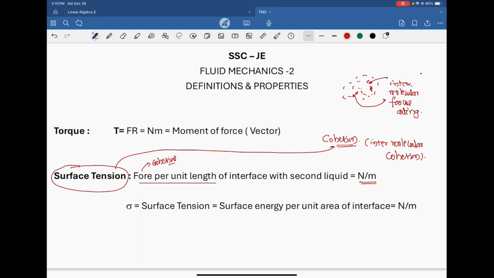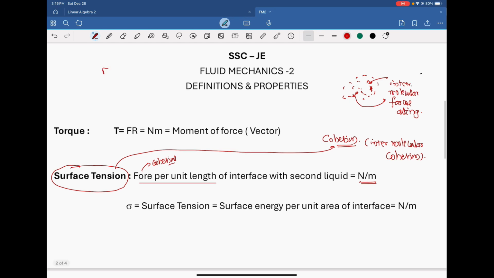And this cohesive force, for a particular liquid, if they are together, what happens? What happens to the cohesive force? When we heat up the fluid, these intermolecular forces will reduce. That means distance between them increases.